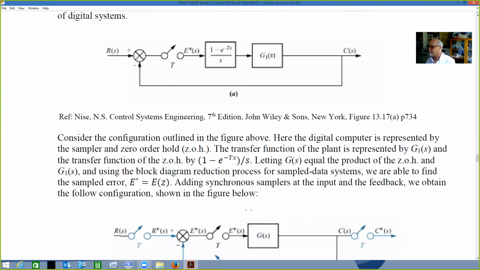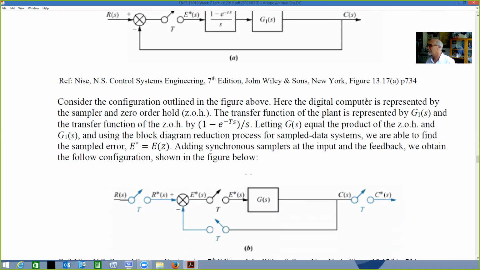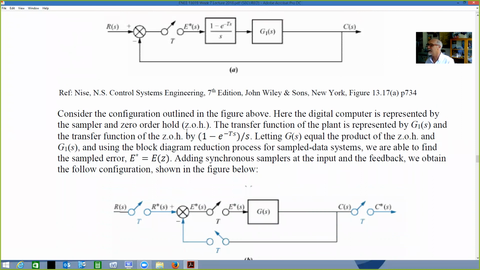It's pretty typical of a basic control system. The digital computer is represented by that sampler, and also, as you can see, the 0 order hold, which is defined as always. Remember, there are other higher orders, but for an introductory unit we're going to deal with the 0 order.